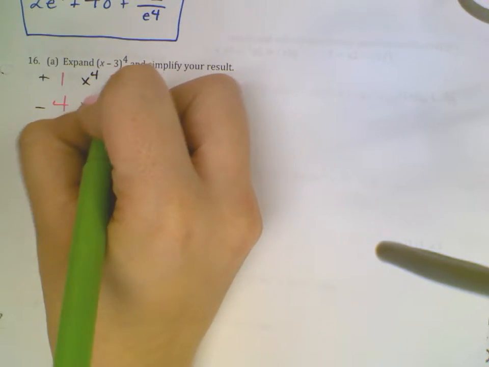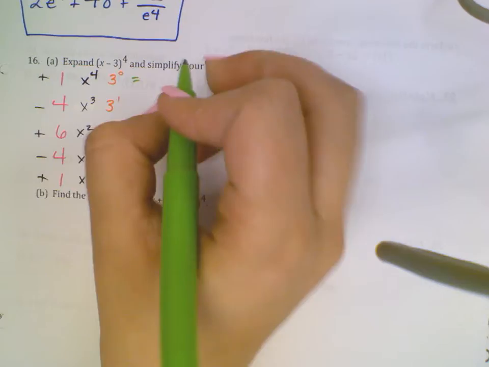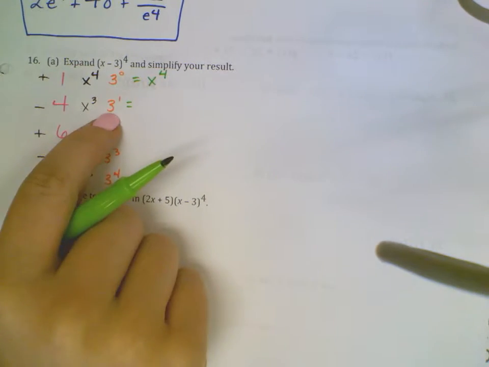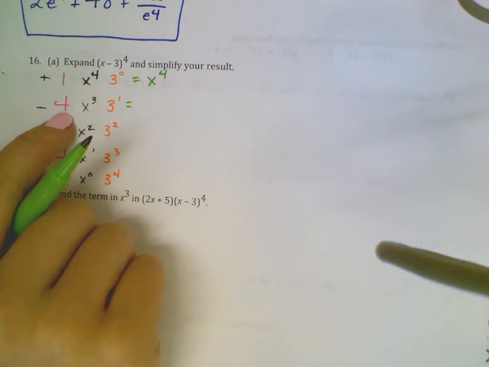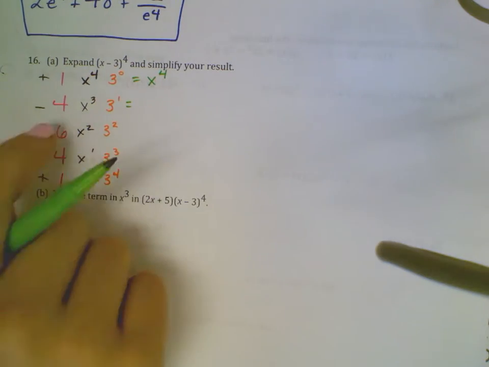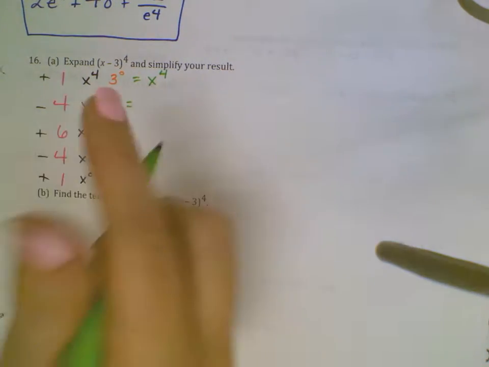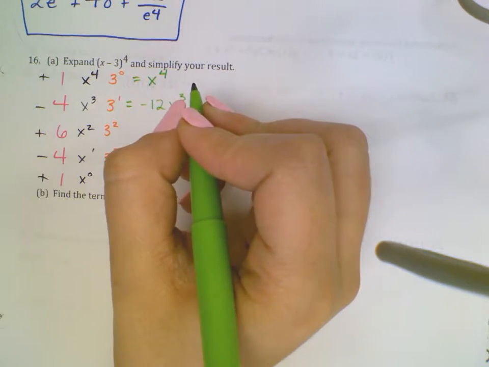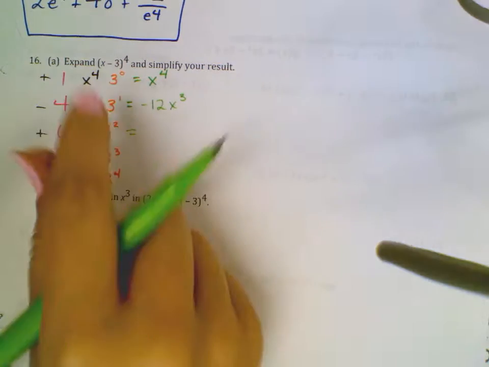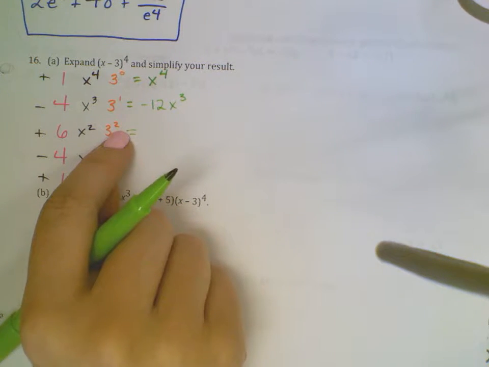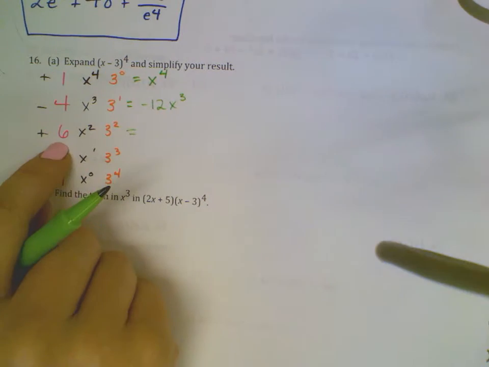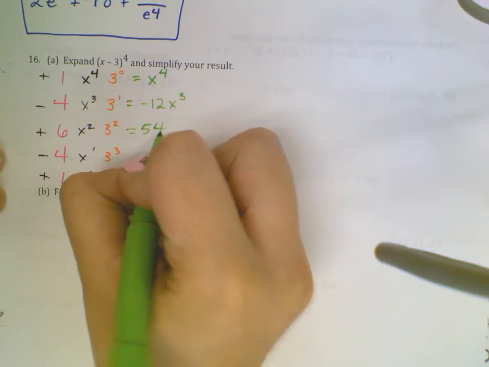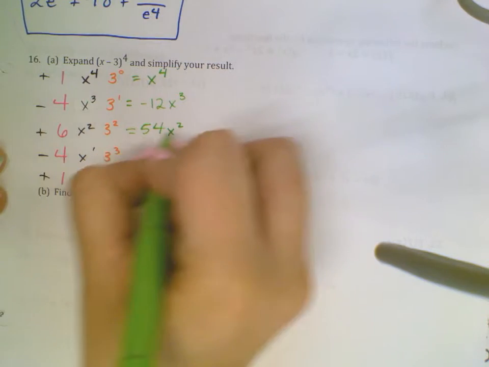Anything to the 0 is 1, so 1 times 1 times x to the fourth is x to the fourth. 3 to the first is 3, times 4, or negative 4, will be negative 12x cubed. Then I have 3 squared, which is 9, times 6, which is 54, times x squared.